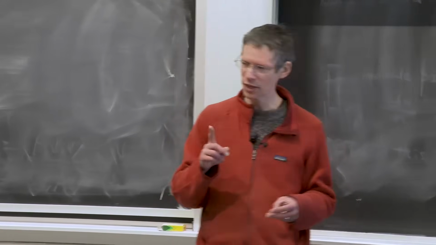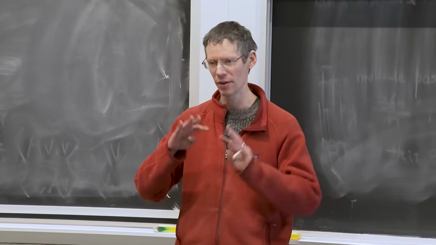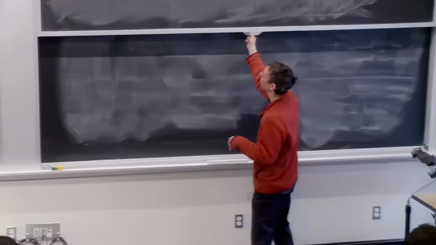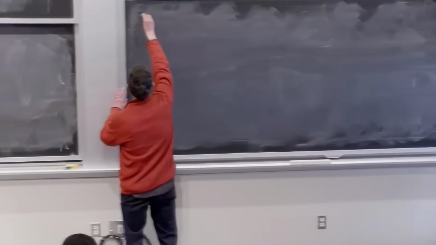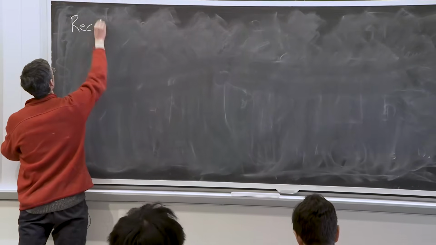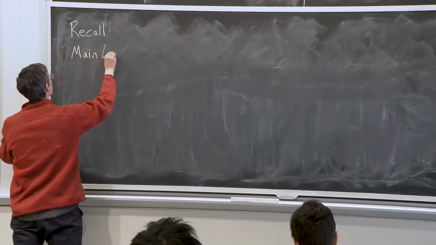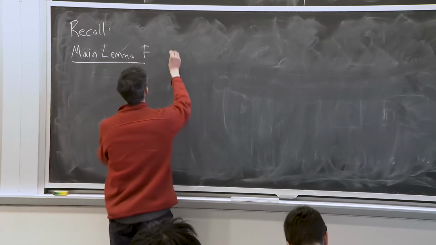OK, so to digest the Fourier method, I wanted to go back for a second to the finite field Fourier method, where everything is a little bit cleaner, and to make a point about it. OK, so our main lemma in the finite field case was like this.